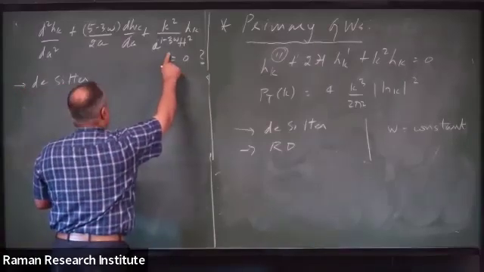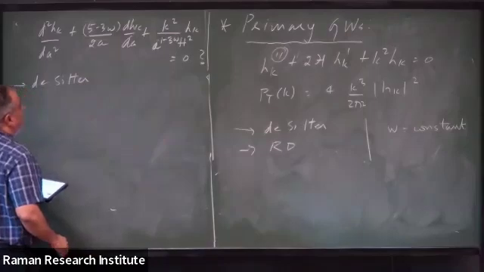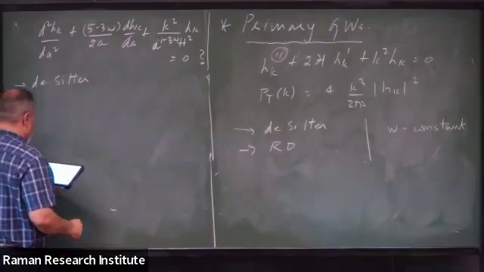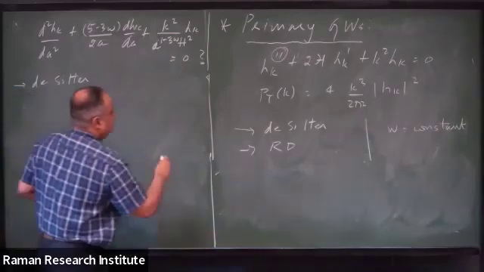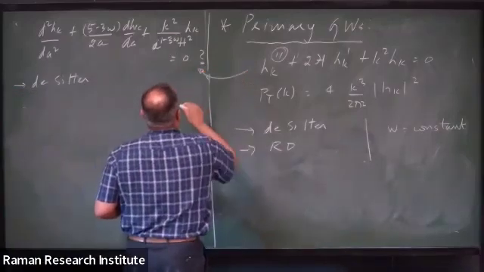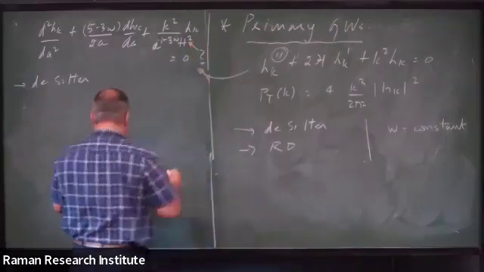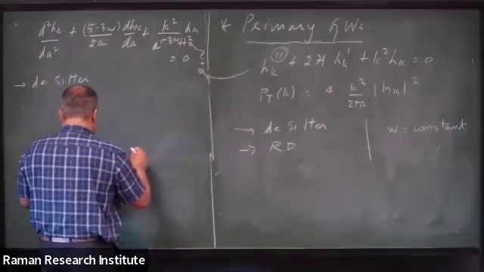The factor is correct. I hope this is correct. We'll come to that. What I have done is that I have transformed this. I'm just worried about factors here. Let me just check that.